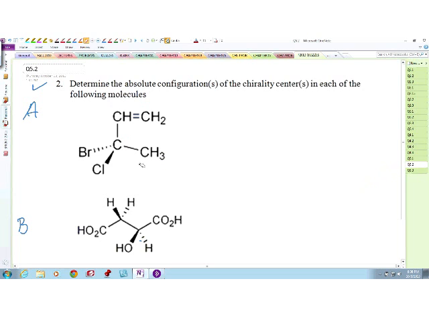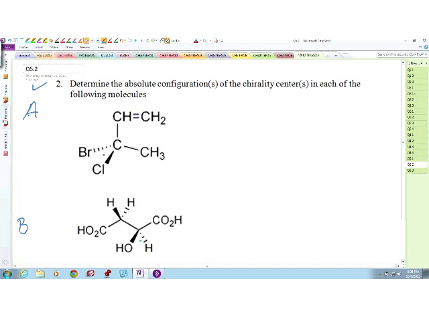Now to do this, keep in mind the first thing I tell you to do: you focus on the chirality carbon, and you want to make a Fischer projection for all of the groups attached to that chirality carbon. Keep that in mind. Okay, so I'm going to do a few gymnastic operations here, using myself as a cartoon.